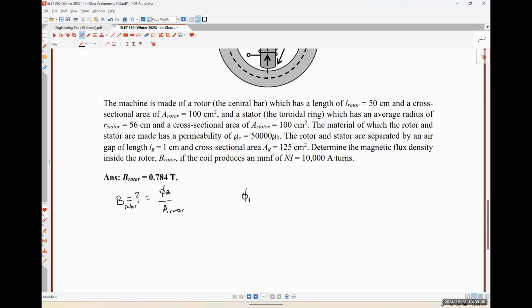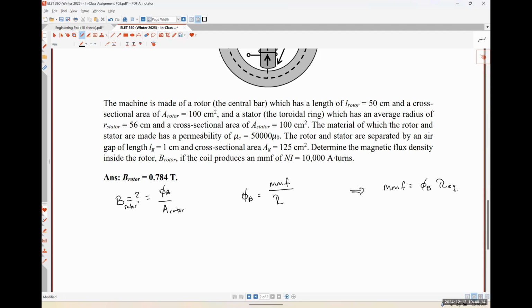Well, phi B. Do we have a number of turns? We don't have the number of turns, but we do have MMF, right? So if I'm not mistaken, that's MMF over reluctance. Just as a heads up, the thing that we used a moment ago was MMF equal to phi B times reluctance.